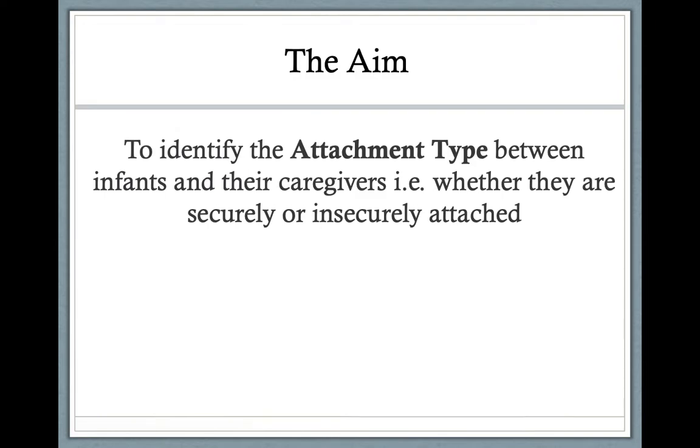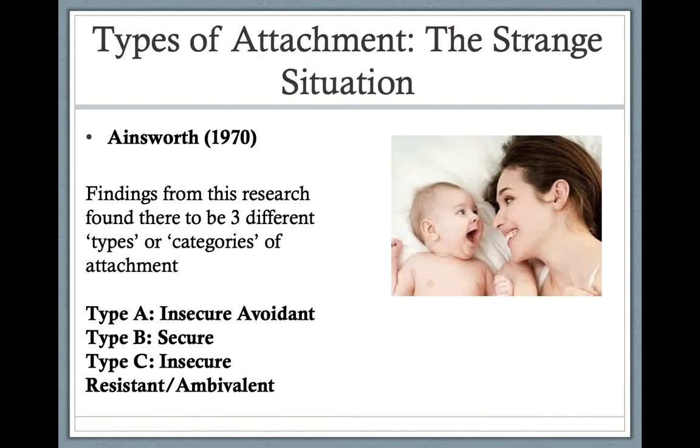So the main aim of the study was, as I mentioned, to identify the attachment type, and this was categorized into secure or insecure, but there are actually three distinctive broad types or categories here. So from the actual study, which we're going to look at in a second, Ainsworth concluded that there seemed to be three different types or categories of attachment.